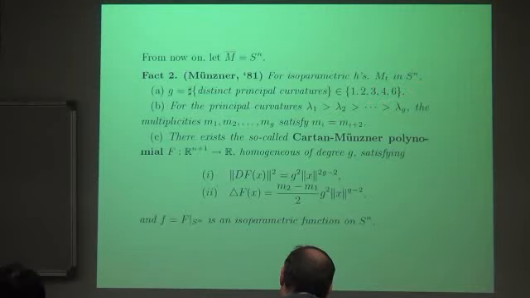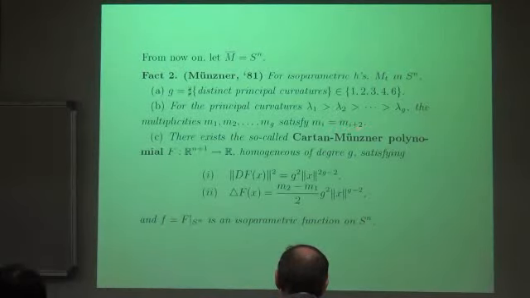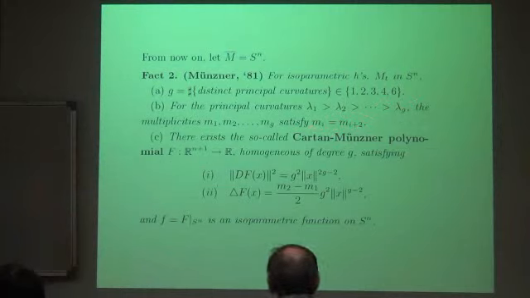Also, if we order the principal curvatures from the largest to the smallest, then the corresponding multiplicities satisfy m_i equals m_{i+2}, the index modulo g. This relation implies that when g is odd, for instance 3, then all the multiplicities coincide.